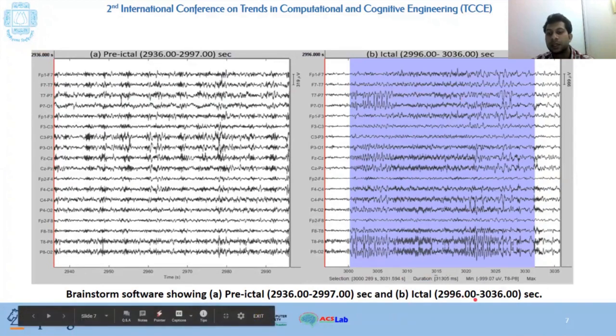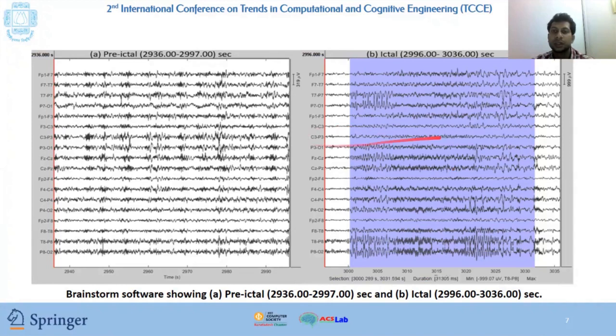The ictal states are those on the screen where you can observe the dark blue shaded area. Here we have different transient states for the different channels, the states where the epileptic seizure has been observed in the patients.